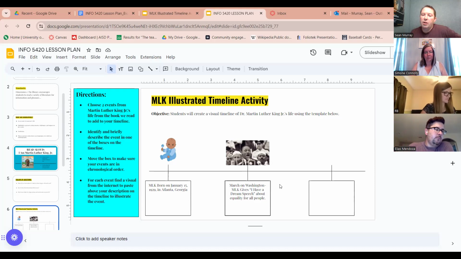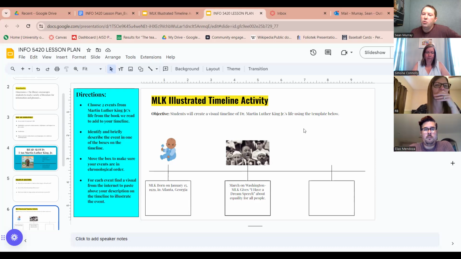So I took one of the boxes, and I wrote in there March on Washington and just gave a short sentence about what it was. March on Washington, MLK gives I Have a Dream speech about equality for all people. And then I went on the internet and I found a picture from the March on Washington, and I pasted it on there. So that's what you are going to do as well.